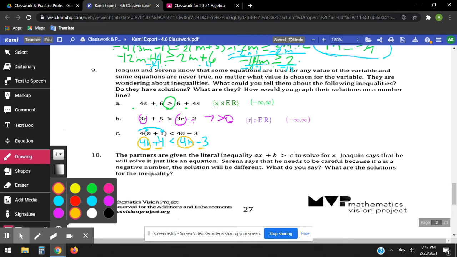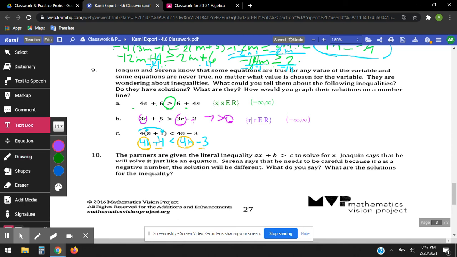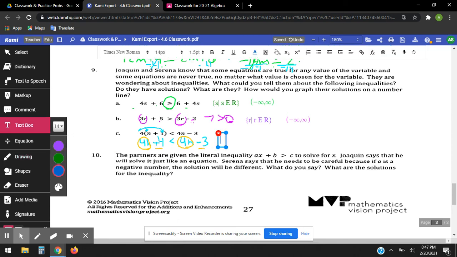So this is not true for any number, any real number. And so that would be no solution, meaning nothing's going to be on that number line. Basically, it would be empty.